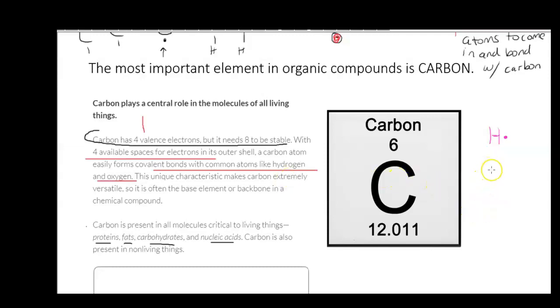If you are oxygen, you only have 2 available spaces for something to come in and bond. It actually has 6 valence electrons, but it only has 2 spaces for something to come in and bond. So it's not as versatile. It can only have 2 things come in and bond. Hydrogen can only have 1 other atom come in and bond. But carbon, because it has 4 valence electrons, has 4 spaces where other atoms can come in and bond.